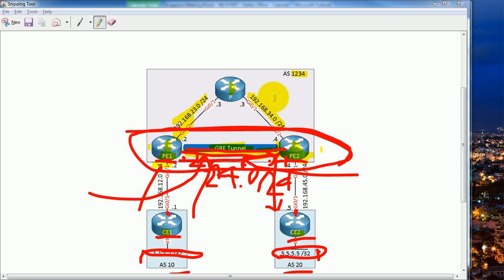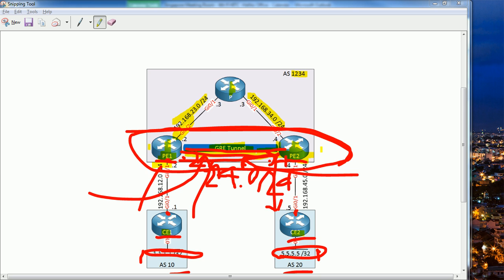BGP configuration. Once again, I will configure IBGP between P1 and P2. This time I will use the loopback interfaces. You will see why in a minute. Router BGP, we point neighbors to the loopback interface.